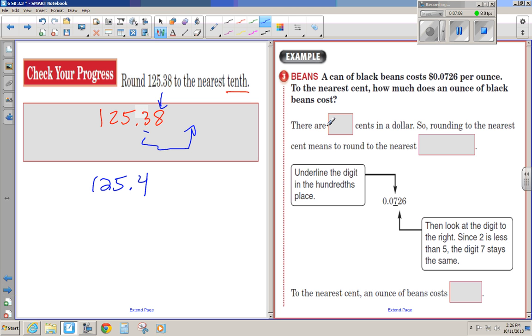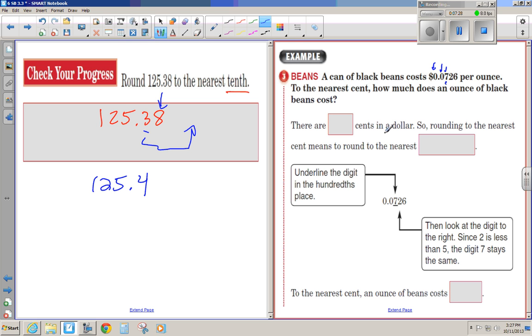All right, now a story problem. Beans. A can of black beans costs this much per ounce. To the nearest cent, how much does an ounce of black beans cost? According to this number, these are dollars, this is the 10 cents, and this is the cents.